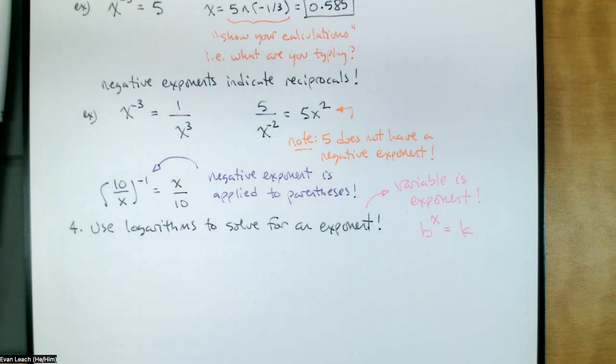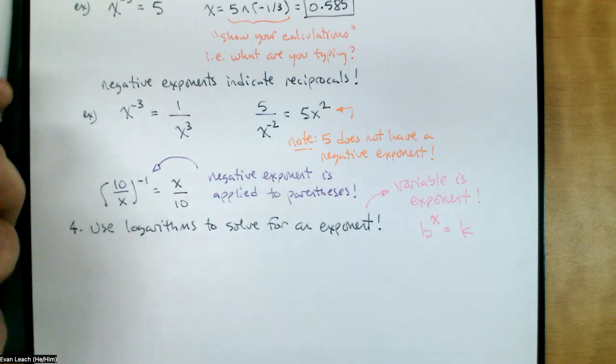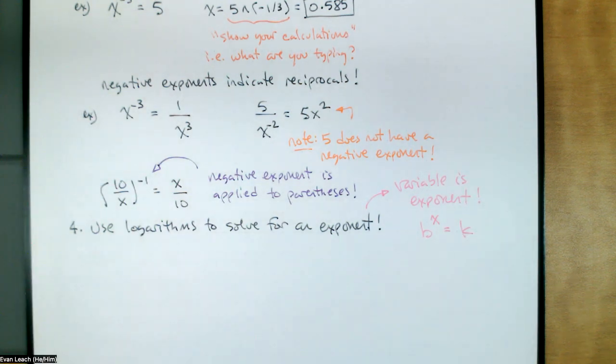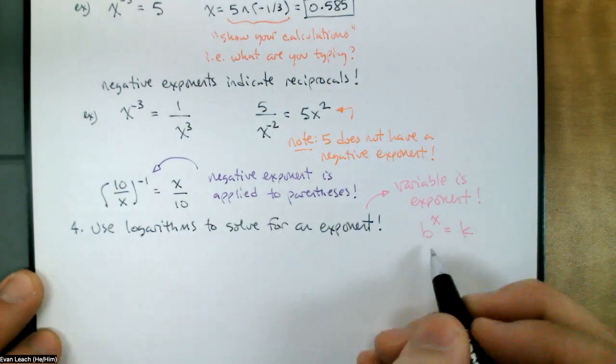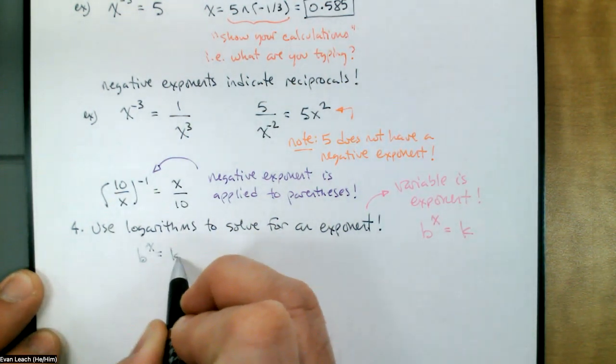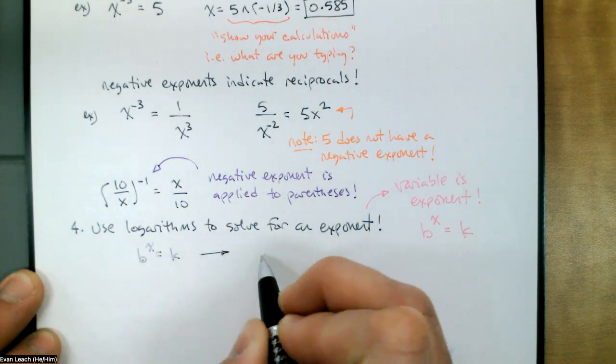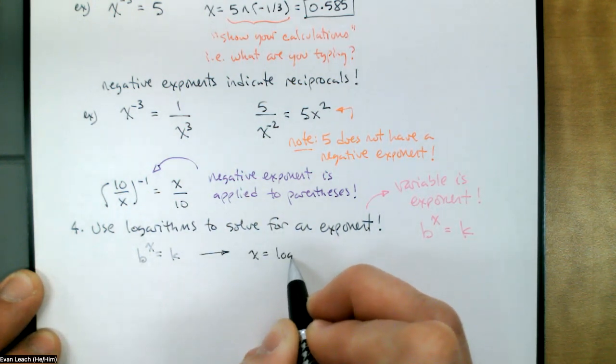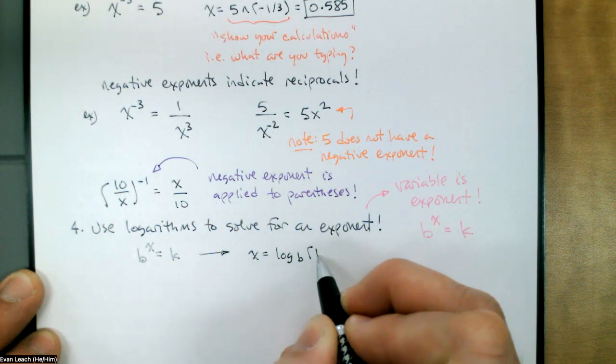So we should be able to solve 2 to the x equals some constant. It changes things around. With multiplication, the two things are both factors. They're sitting on the same level. But with exponents, the roles are very different. So the way it works is if you're trying to solve b to the x equals k, then x is log base b of k.